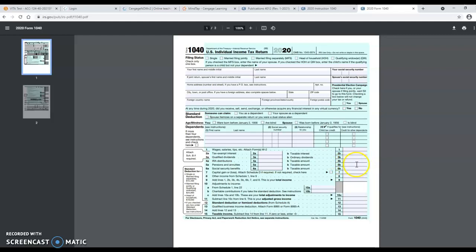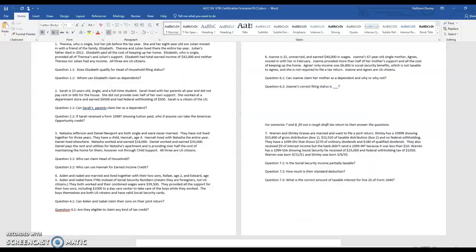That came from box 2. So here we have box 1 is $33,600, so that would go under line 5A, and $32,520 from box 2 goes in line 5B. Okay, and so we talked about the dividends and where they go. You'll look up the interest income and see if you need to put it there.